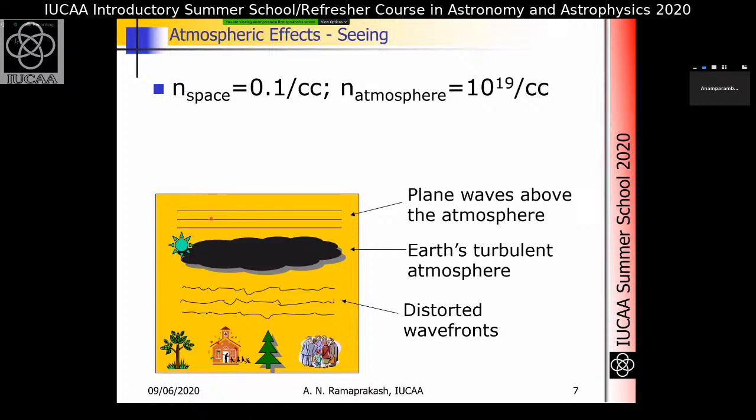They no more remain plane wavefronts, but get completely distorted, because by the time the light ray at this point travels through the atmosphere and reaches here, the light ray which is traveling here and passing through the atmosphere would have reached further because of the effective refractive index and effective path length it found along this path.